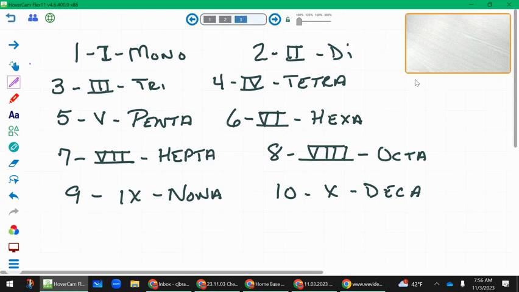The prefix is di. 3 is III, prefix tri. 4, IV, prefix tetra. 5, V, penta. 6, VI, hexa. 7, VII, hepta. 8, VIII, octa. I don't think I give you anything with a charge of 8. But I put the Roman numeral up there just in case. Same thing. I don't think I give you anything with a charge of +9 or +10, but I just put the Roman numerals up here because I was on a roll, ladies and gentlemen.